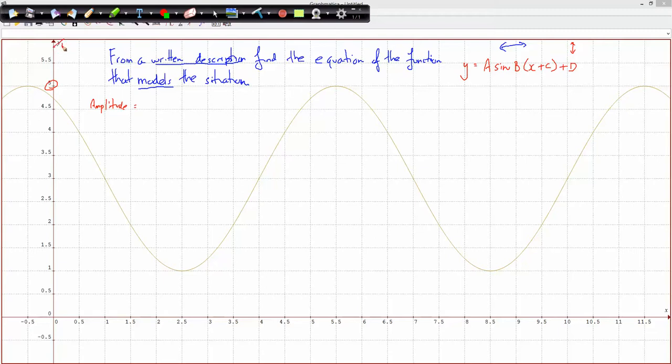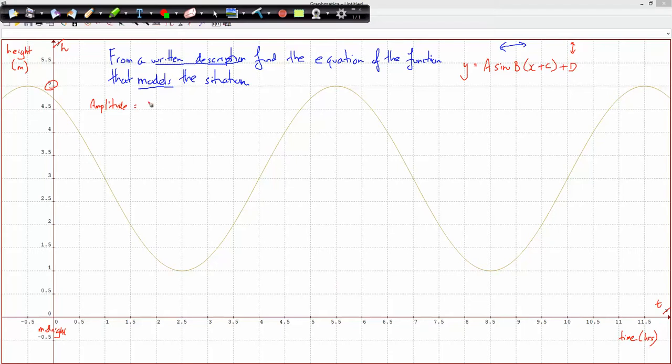Let's say that instead of y, this was the height maybe of a tide being measured at a wharf, maybe from midnight, which is 0 hour, and this x-axis isn't really x, it's time in hours. So we're trying to model the tide that's being recorded here for a period of 12 hours by the looks of it.